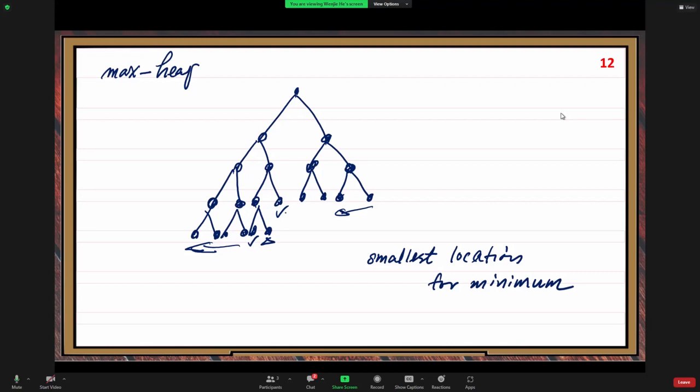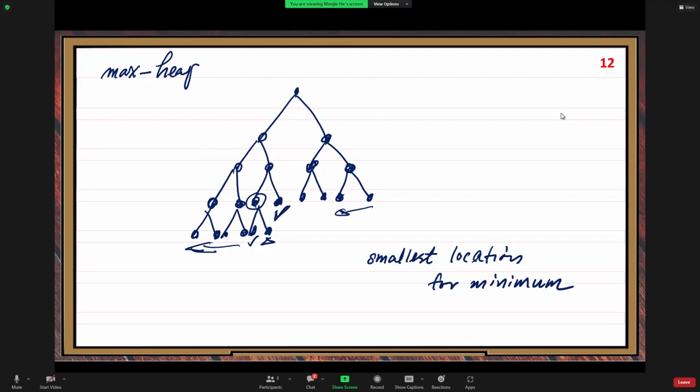So this is still a valid location for the minimum. So we can push earlier. But if we push one more location earlier, we go here, then it has a child, so it cannot be the minimum. So the earliest location, the smallest location we can push, is this one.